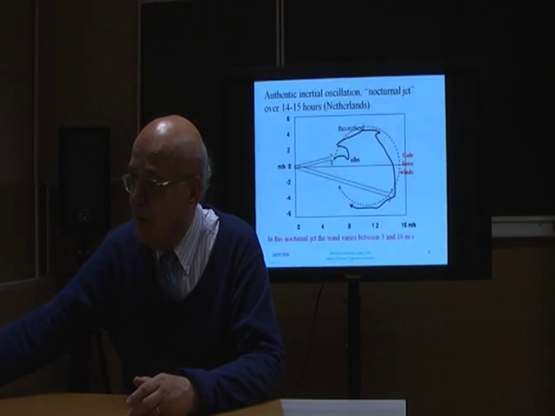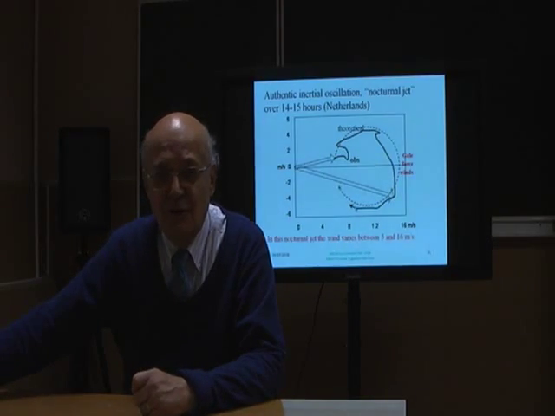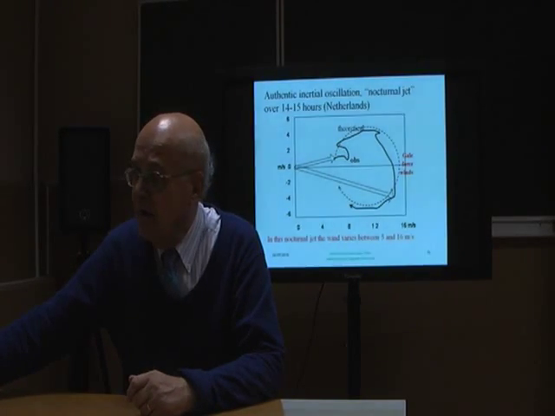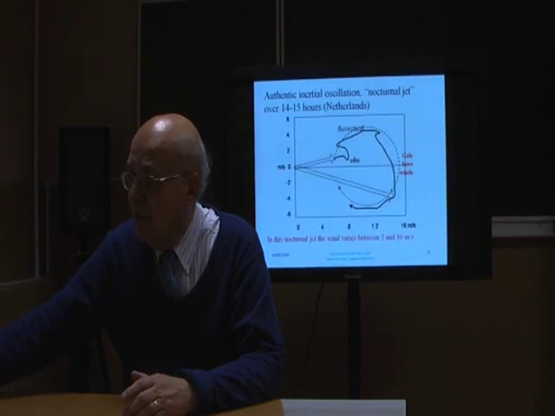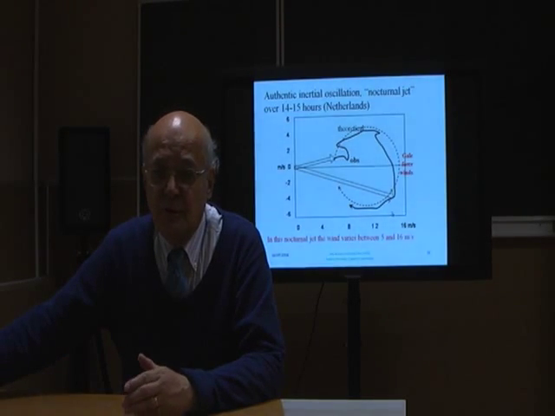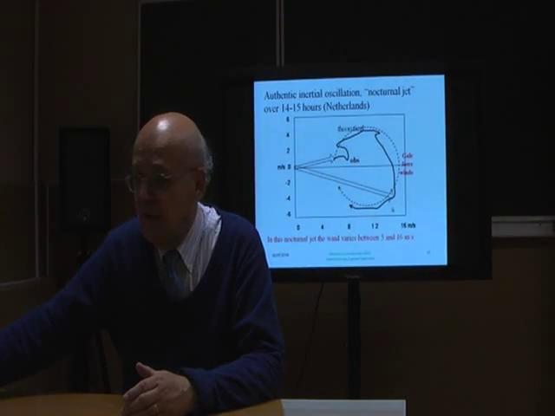So the wind vectors move along this circle, theoretically, and this is how the wind actually varied on this particular day in Holland. As you can see, from a daytime speed of 6 to 7 meters per second, the wind increased to almost gale force, 13 to 14 meters per second, for a short period during the night.